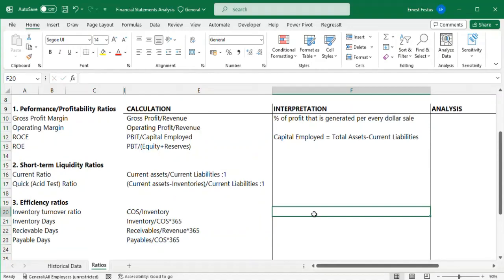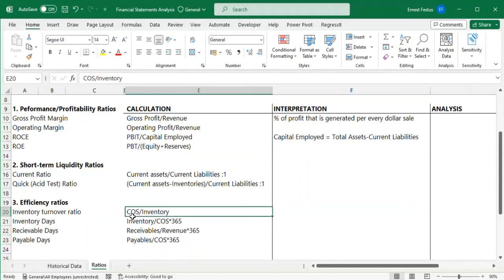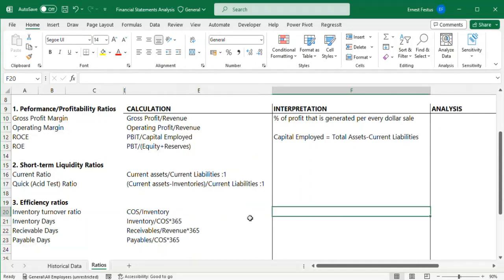Alright, so we have the inventory turnover ratio, and this is talking about the number of times inventory is turned over during the year. Now we are associating it with cost of sales because inventory forms part of cost of sales in the financial statements.